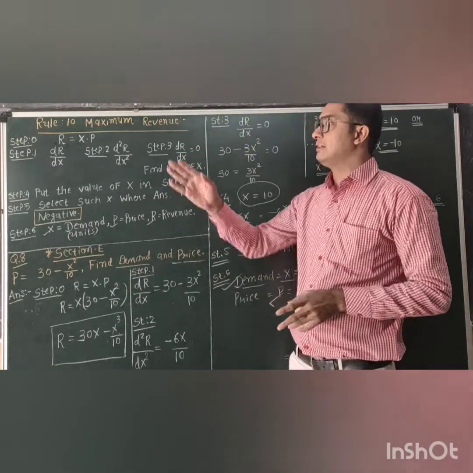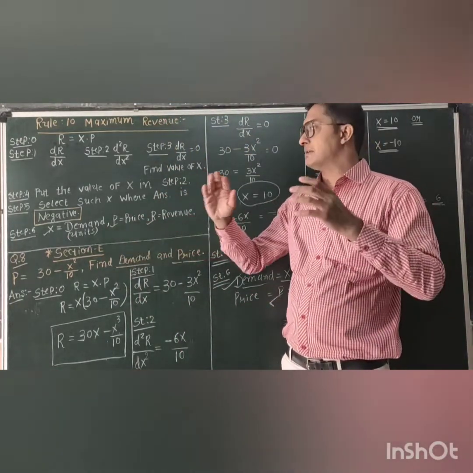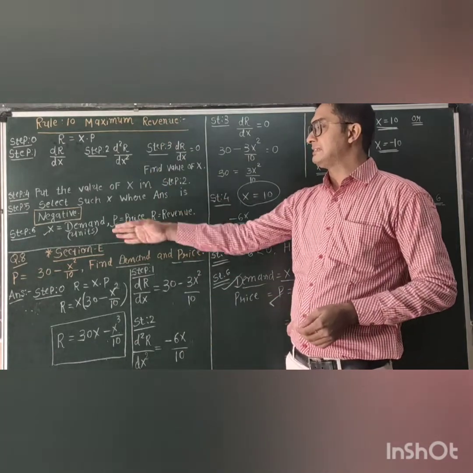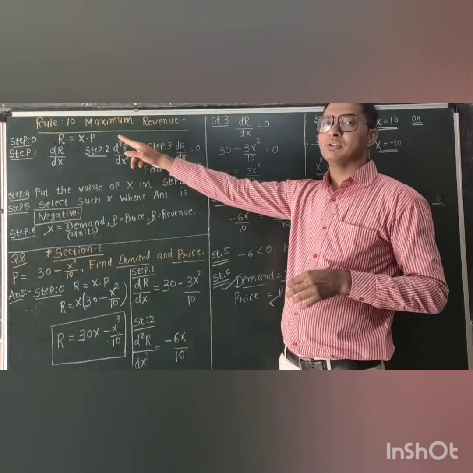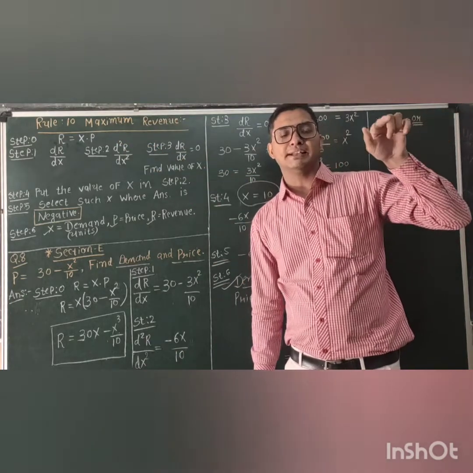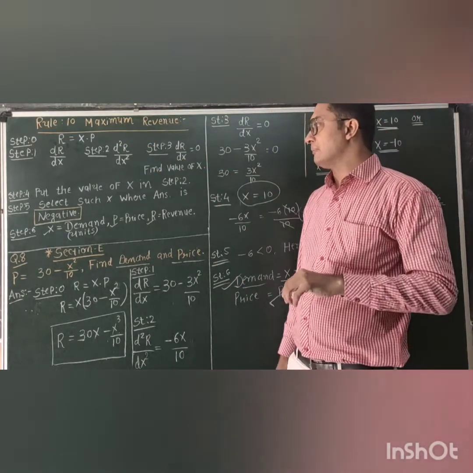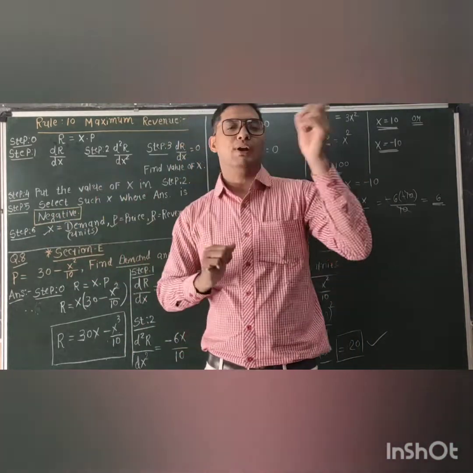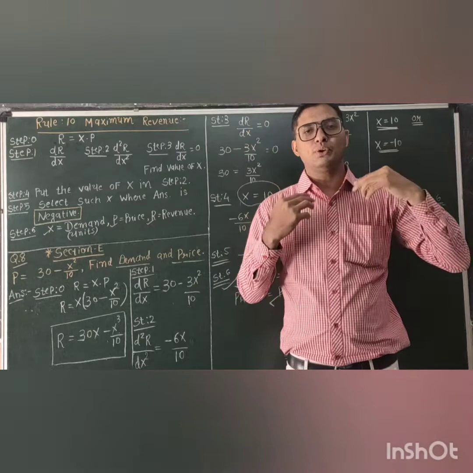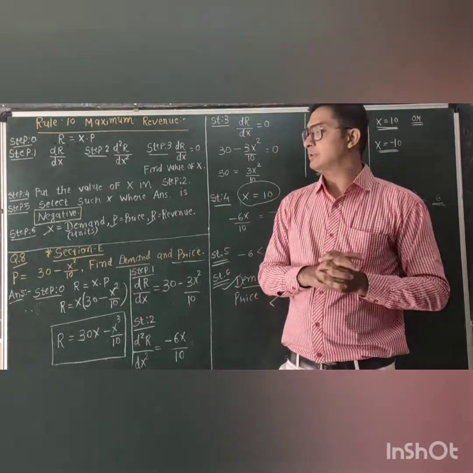So now here we have completed rule number 10, having 6 simple steps. Here one more step extra, that is step 0, as compared to the earlier method, that is the minimum cost. And the main difference is that here we have to select the negative value, whereas in minimum cost we have to select the positive value.